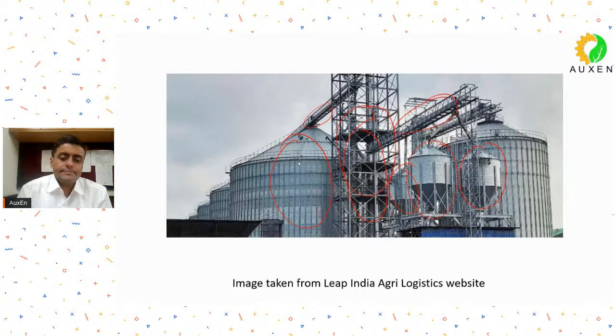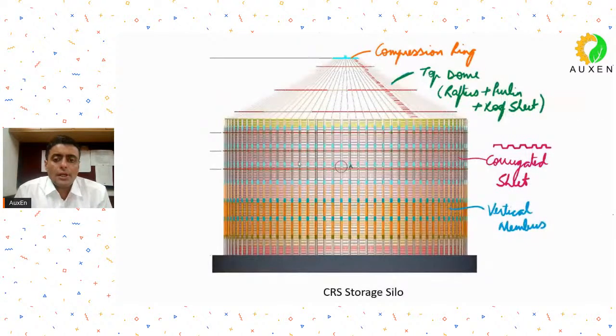Okay, very interesting. So we come to our point of interest, and we try to understand how a typical silo would look like. What you see is a corrugated sheeting. That means there will be crests and troughs, and you take a plate and you roll it into this shape.